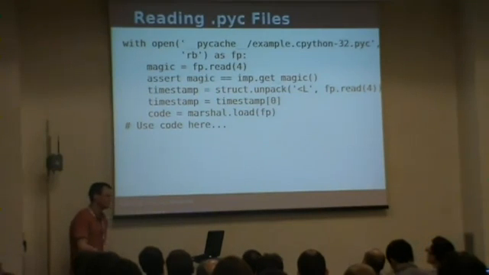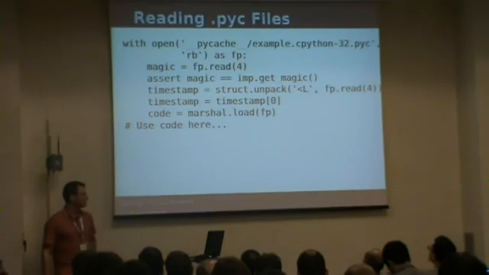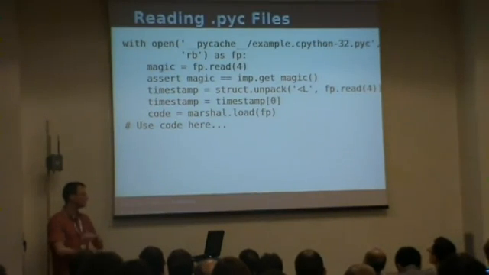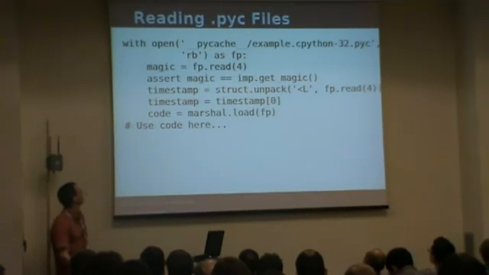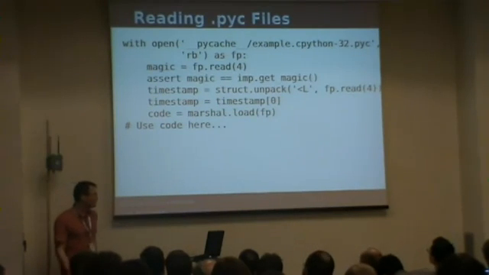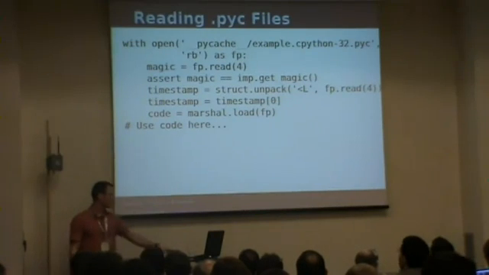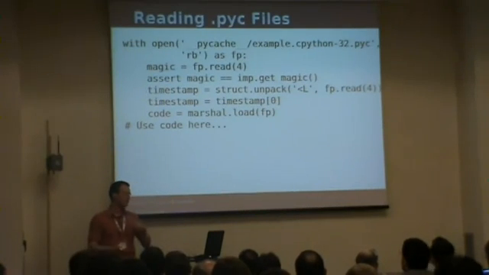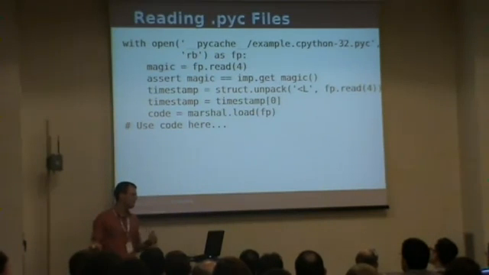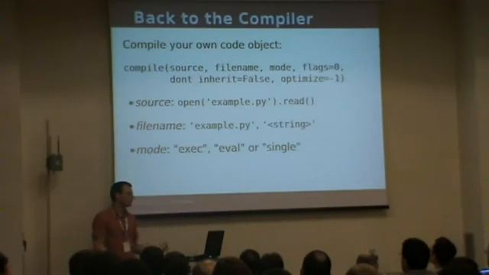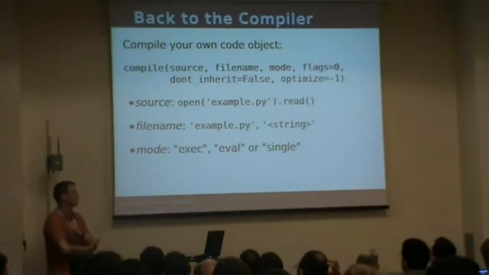But it's shorter in the slides. You can get the timestamp out quite easily. The struct module always returns a tuple. And then you load the code object. And in a normal bytecode file, you'll then be at the end of the file. So then you want to use the code object.